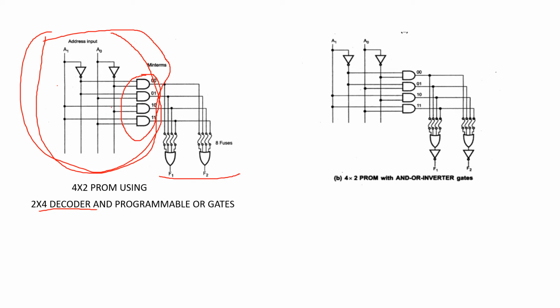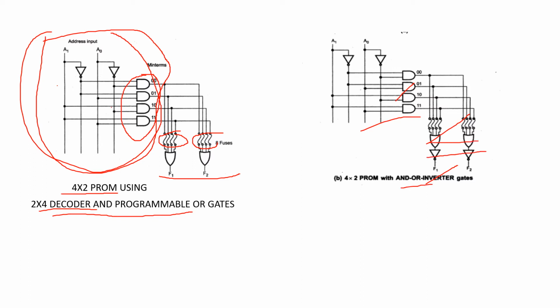So here there are 4 inputs, 2 outputs, so the ROM size is 4x2. This is implemented by using a 2x4 decoder and programmable OR gates. Here only the OR gates are programmed. So here it is implemented with AND gates, OR gates and inverters. Same 4x2 PROM using a 2x4 decoder, and these two are OR gates and inverters.